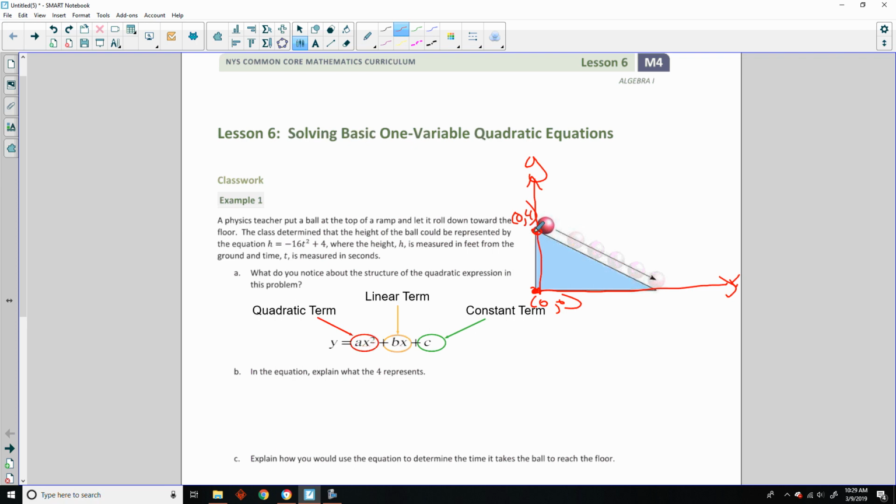So we are at 4 feet where height is h. We're at 4 feet because if time is 0, if I plugged in a 0 here, 0 squared is 0. 0 times negative 16 is 0. 0 plus 4 is 4. So when time is 0, the height is 4 feet. So the 4 represents the height of the initial position of our ball.